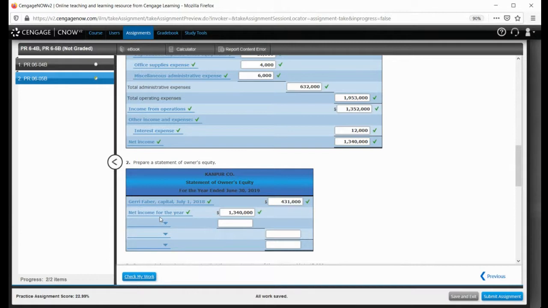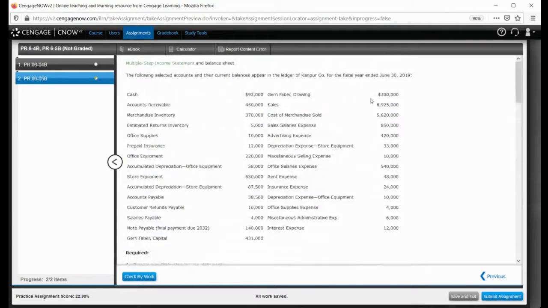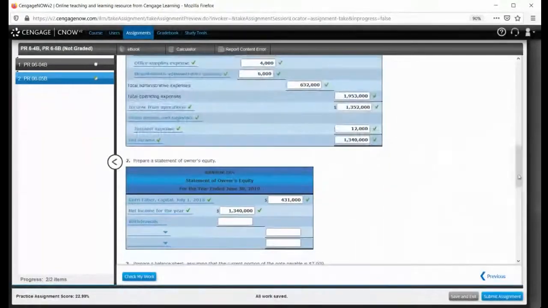That net income is going to be combined with your withdrawals for that period of time, which you'll know that we call those drawing. The drawing account had 300,000 in it at the end of the period, so I'm just going to record 300,000 here.